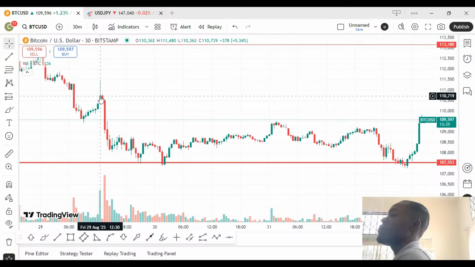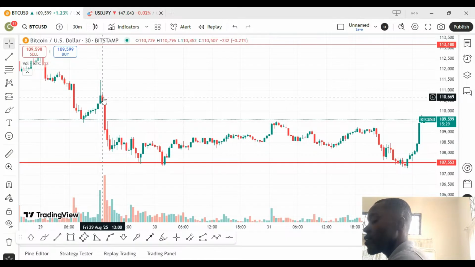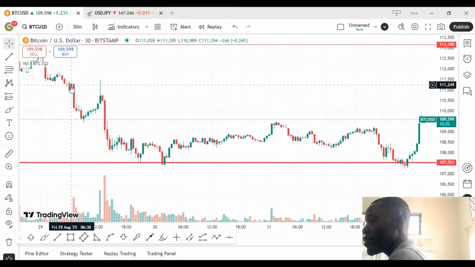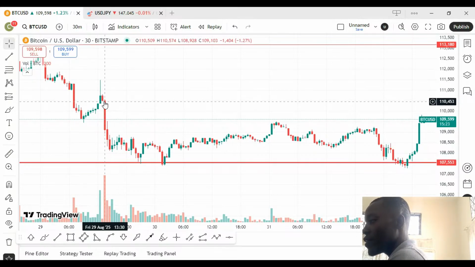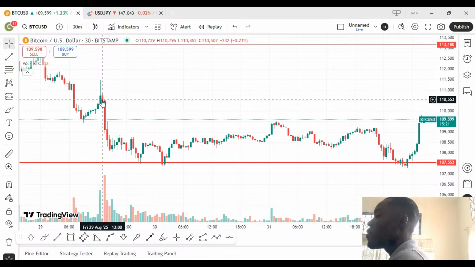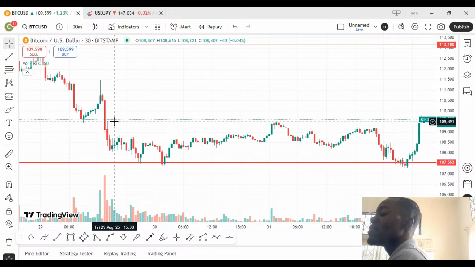So the previous bullish candlestick engulfs it, we call it a mother candlestick. It engulfs the recent bearish candle. And because it is close to a resistance area, that tells us that the next candlestick that is going to form is going to be bearish.